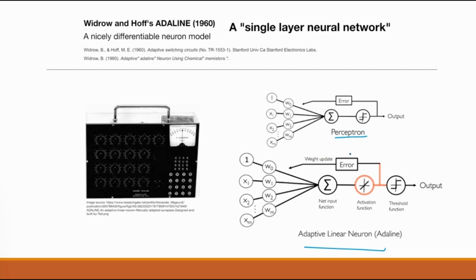In the perceptron you do a classification, then you get an output, and then you compute the error by comparing this output to the true label. Based on this you can see whether you make an error or not. If you make an error, you go back and update these weights. For the Adaline, the difference is you have this update before you have this threshold function, before you compute the actual output.